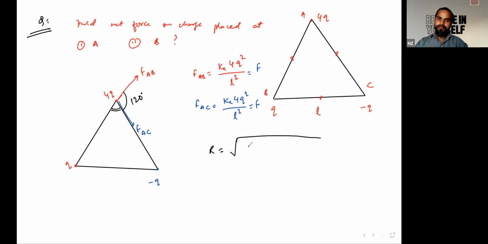Sir, A square plus B square plus 2AB cos theta. Good. So we have A as F, we have B as F, and the angle is 120 degree. So the net force from this particular equation could be easily calculated. Okay, just try to solve.